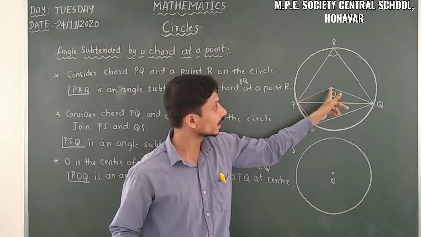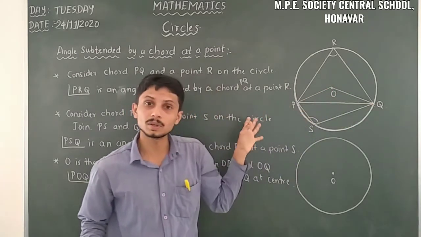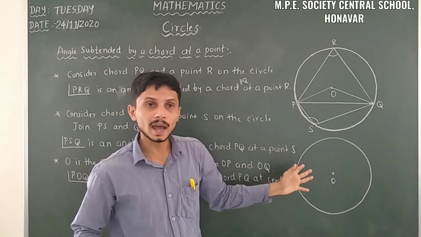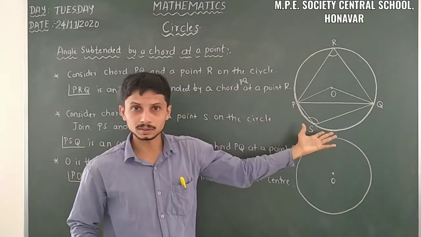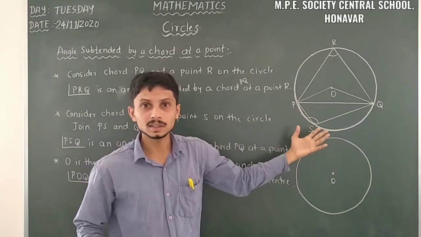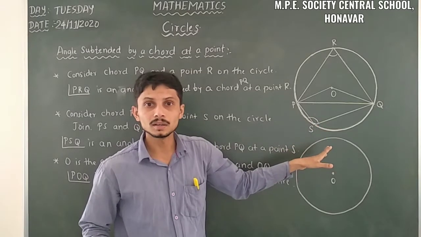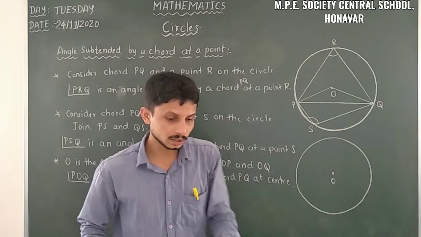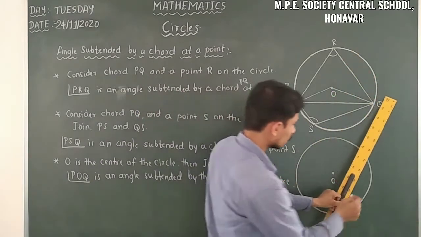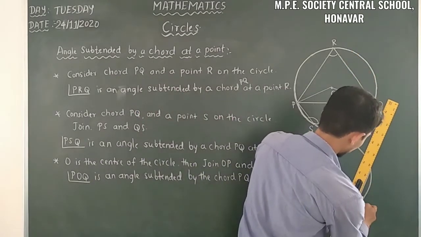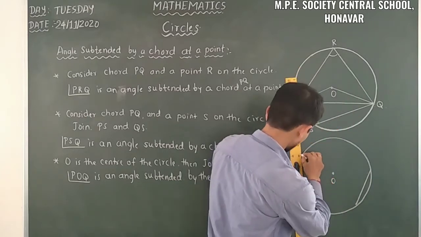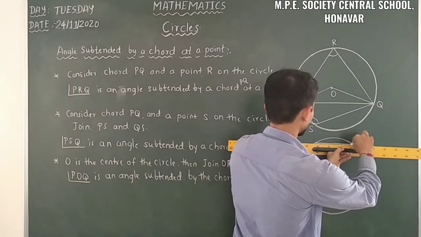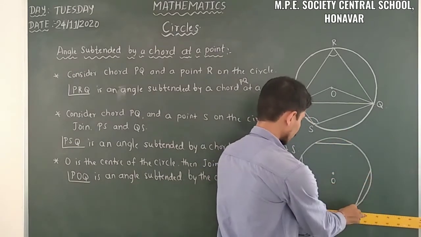And in this case we know that OQ and OP are the same because those two are the radius of the circle. So when we have multiple chords, we can join them with the center of the circle. Here I will take one chord, another chord, another chord, and another chord.